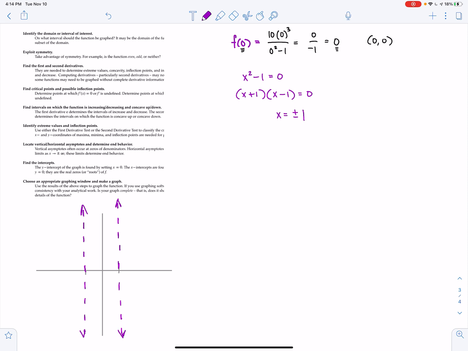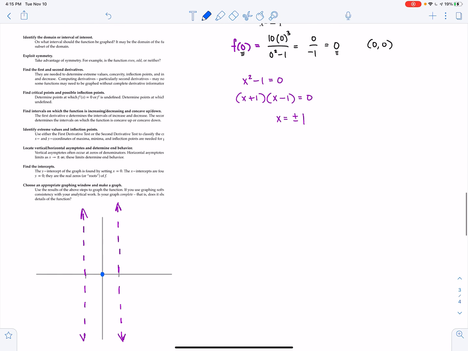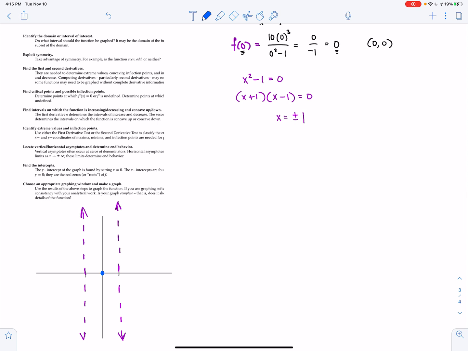I also found out that I had a point at the origin. And we know by looking at the function's equation that this is an odd function. Maybe you remember that from Algebra 2 and Pre-Calc, which means we are symmetric about the origin. So it makes sense to have a point running through the origin.